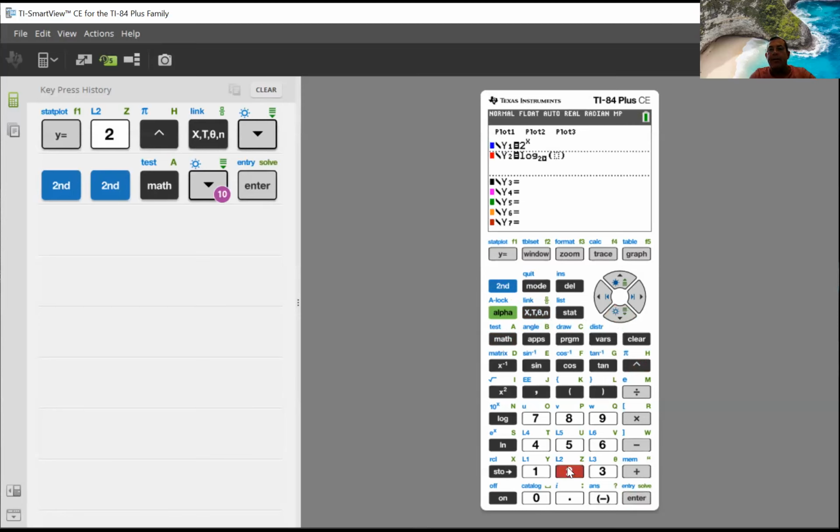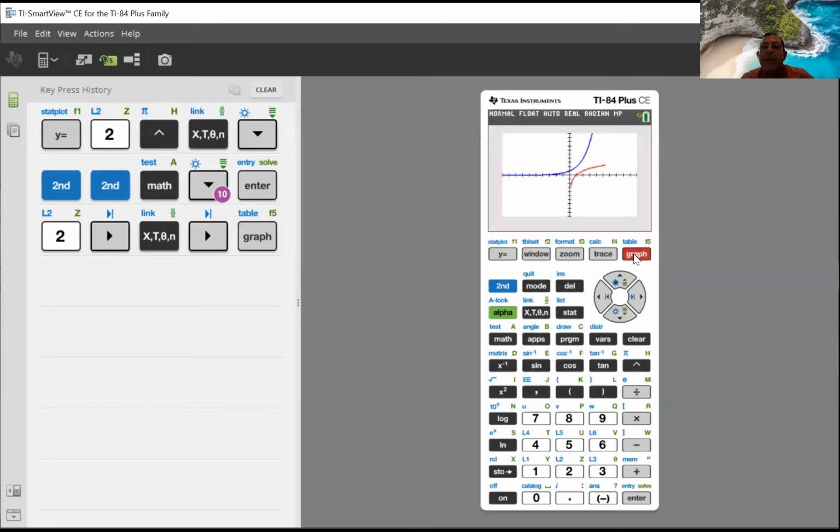And that was log base 2 of x. So let's see, my exponential function is going to be sort of blue, and the other one is going to be either red or orange, whatever that is. So when I hit graph, there's my exponential, there's my logarithmic.